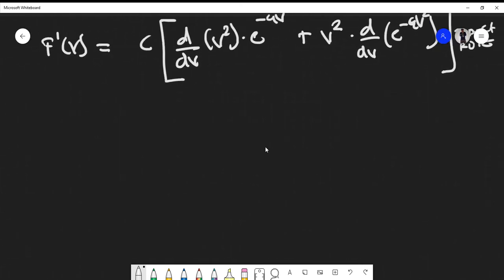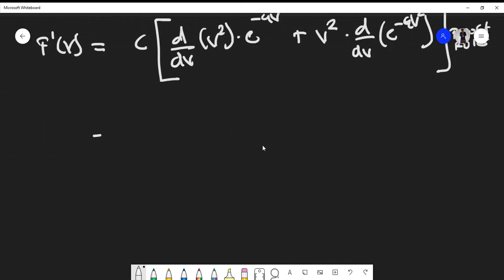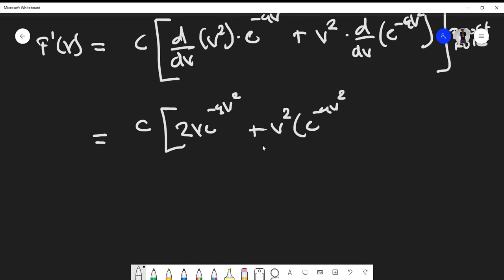And then by the chain rule, we essentially get c times 2v e raised to the negative av squared plus v squared times e raised to the negative av squared, multiplied by negative 2av.